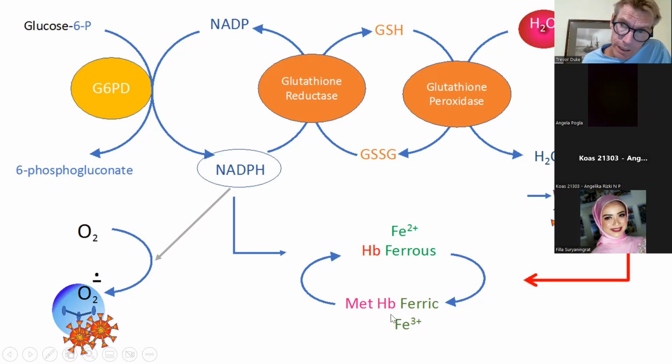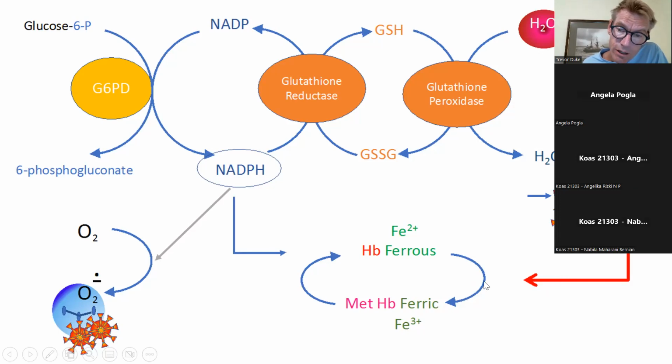Even if your methemoglobin is like 30%, then your oxygen saturation at its best can only be 70%, because oxygen can only be carried by the normal hemoglobin, not by the methemoglobin or the ferric hemoglobin. So that's what G6PD protects us against, oxidative damage to hemoglobin.